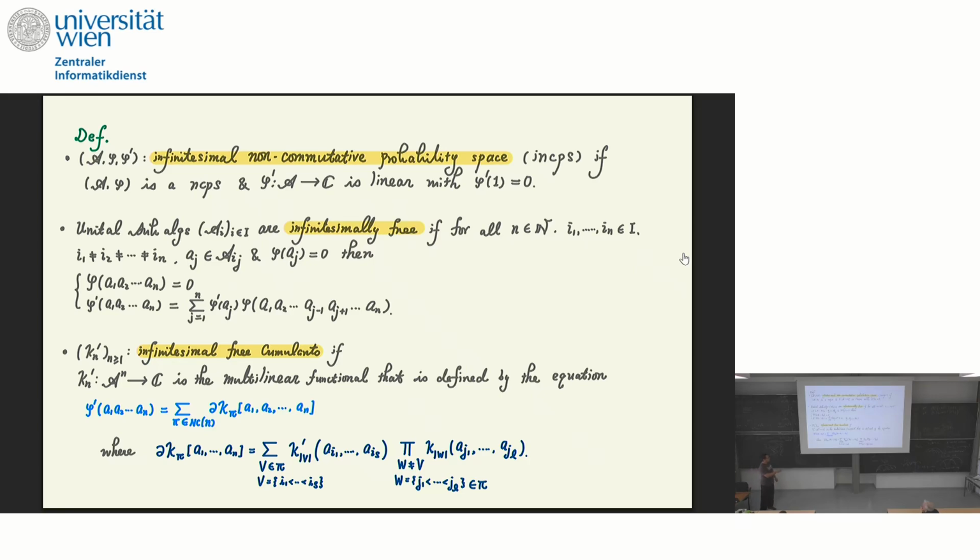We have a notation called partial kappa pi, which is defined this way. Given a pi, it has several blocks, and each time you choose one block, you replace kappa by kappa prime, keep all the others the same, and sum over all possible choices. It's called partial kappa pi.